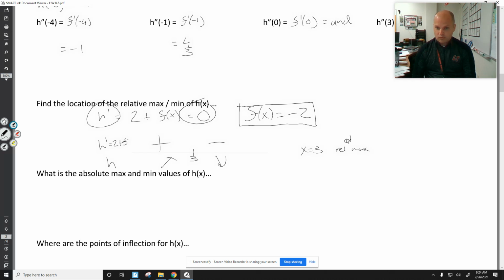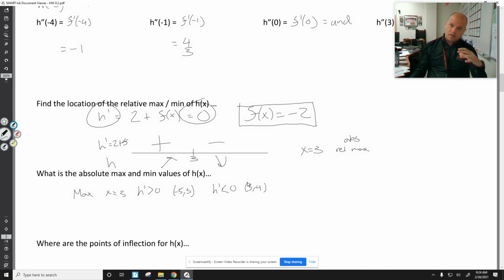It's both the relative and the location of the absolute max, because it just goes up and then down. So if I ask for the absolute max value, I know it's at x equals 3, because h prime is positive from negative 5 to 3, and then negative from 3 to 4. We're only decreasing between 3 and 4. That's when our negative area cancels out the 2x being added.